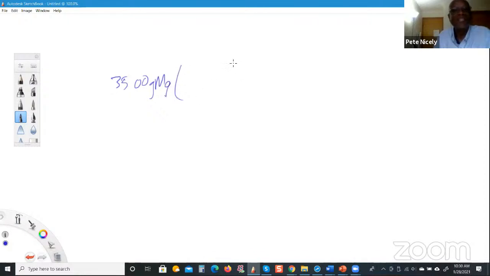Then we have to convert that to moles, which I think we did before. 1 mole of magnesium over the 24.30 grams of magnesium, all right? The next step is to determine how much of the other reactant reacted, which would be the nitrogen.